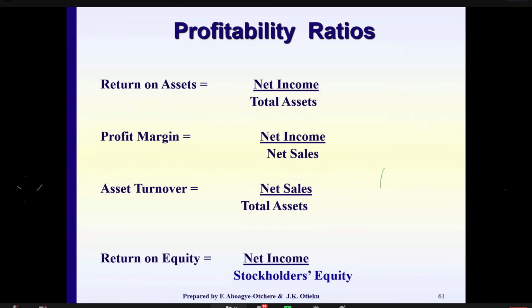Sir, please, I need a little explanation on the profits before interest. I don't understand the interest part. Okay, so one of the expenses that you will see in the determination of profits will be interest expense.